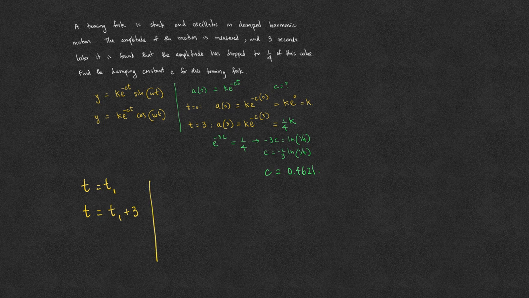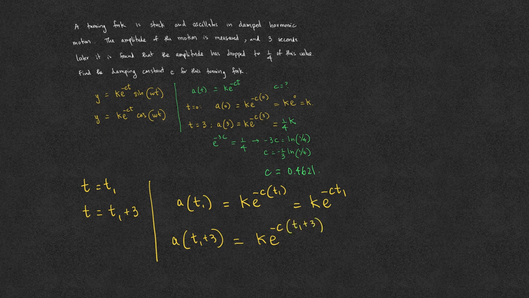With this, we now have the system of equations: A of t1, the first amplitude measured, is k e to the negative c t1. For the second time, the time is now t1 plus 3. The amplitude is k e to the negative c times t1 plus 3. The goal is to find c.